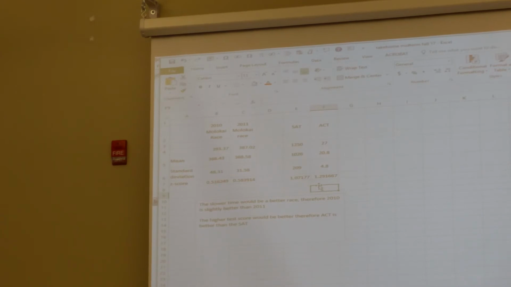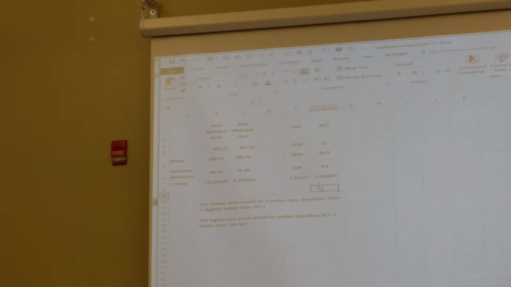But on a test, I want to get the bigger number. So on the test, the bigger score is better because the higher score is better. But you can't just say because it's higher.